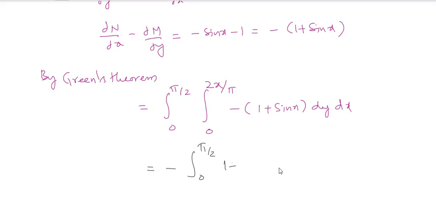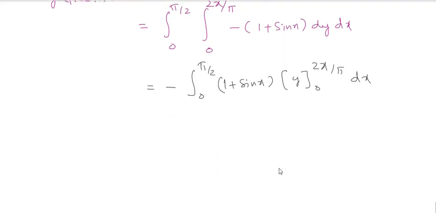So 1 plus sin x is a constant, into y from 0 to 2x by pi into dx will be there. So substitute that limit: minus of integral 0 to pi by 2, 1 plus sin x into 2x by pi dx. That pi I am just taking here.